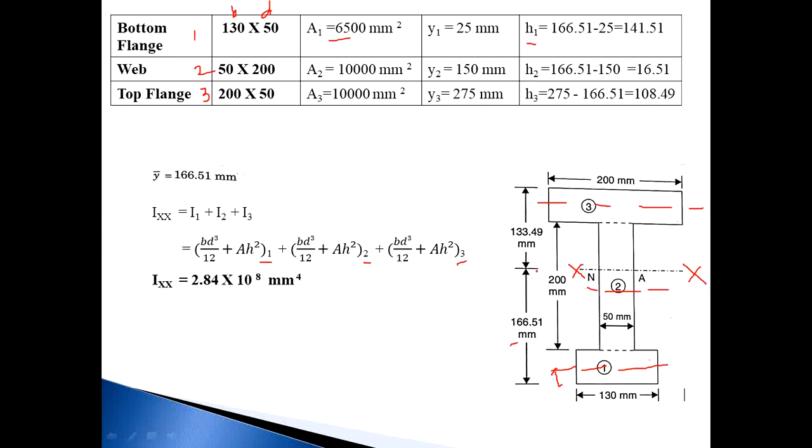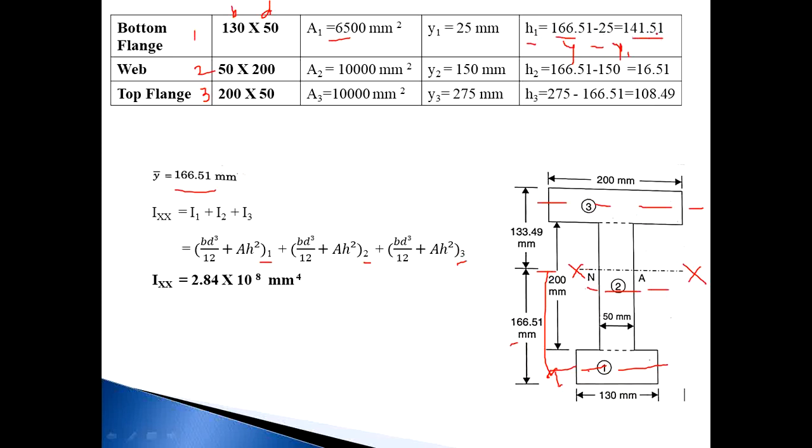H1 means the difference between these two axes. So how to calculate H1? H1 becomes y bar minus y1.